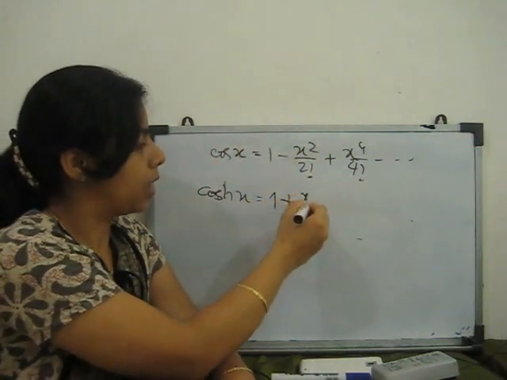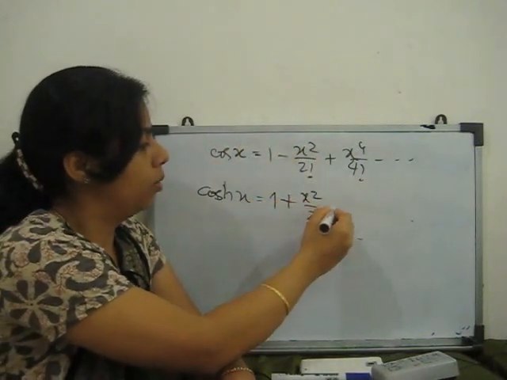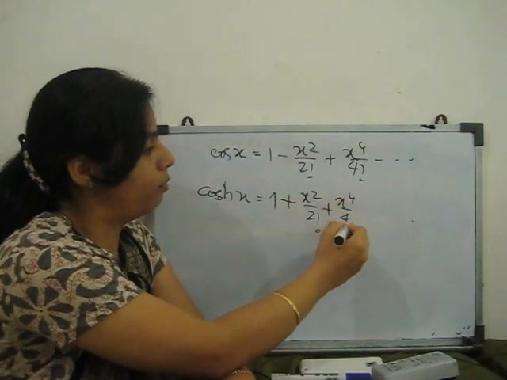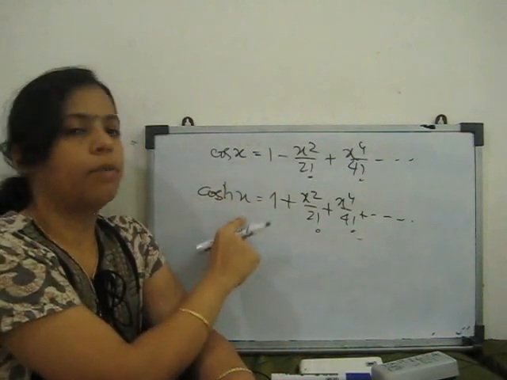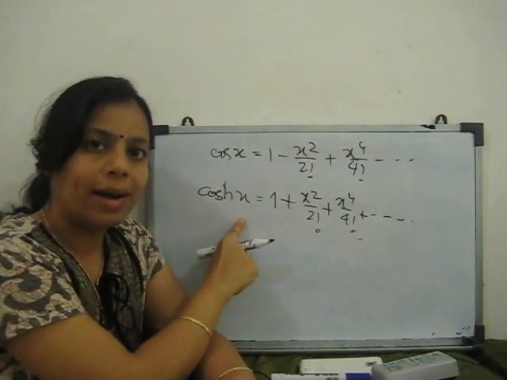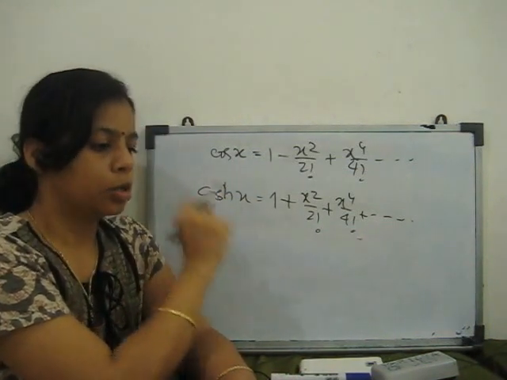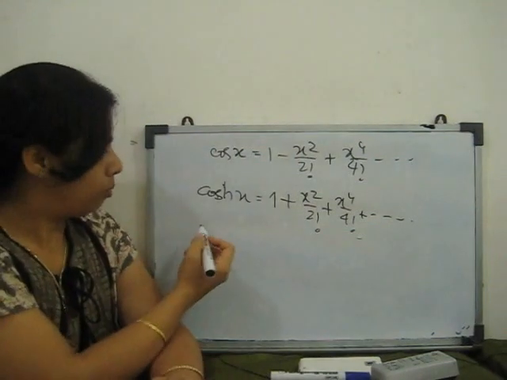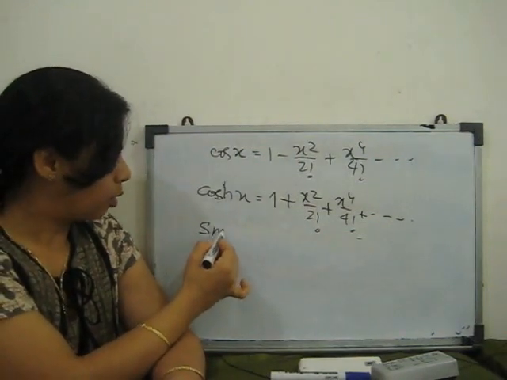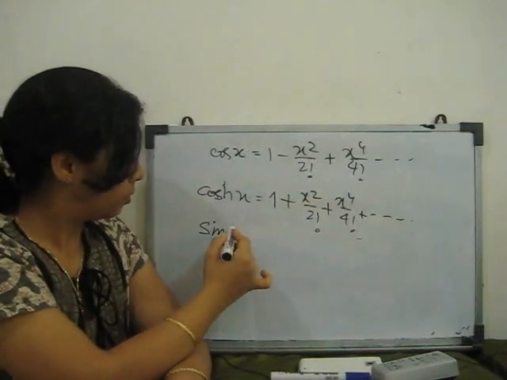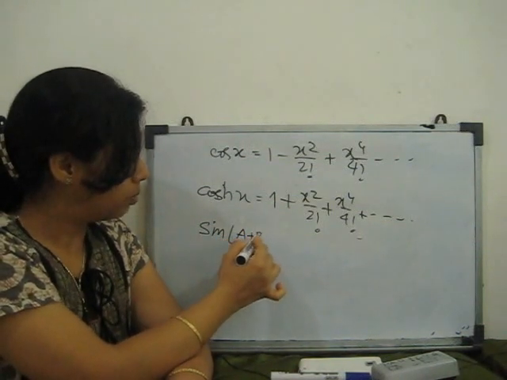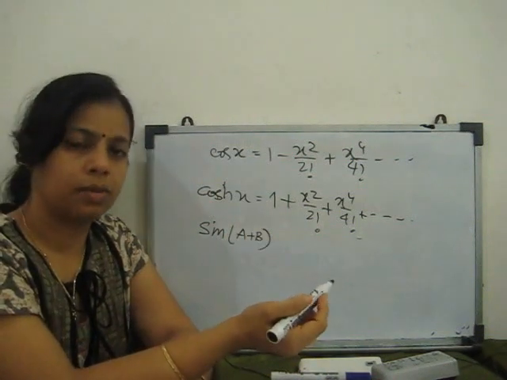So 1 plus x square by factorial 2 plus x to the 4 by factorial 4 and so on. So these are the differences between trigonometrical and hyperbolic functions. Similarly, we go for some more relations. If we talk about sine a plus b, or we can say sine x plus y.